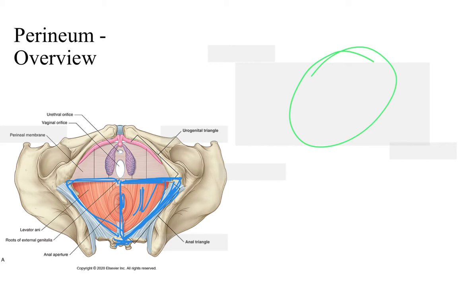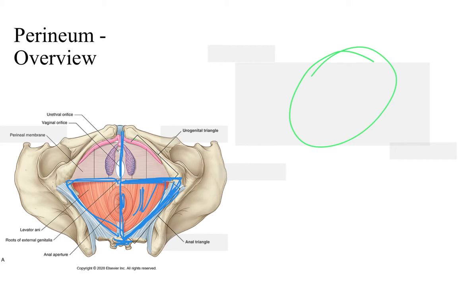And then anteriorly, you have what we call the urogenital triangle. So the urogenital triangle is divided very similarly, right up the middle, and you can do this in the male and the female, bisecting the vaginal orifice as well as the urethral orifice.